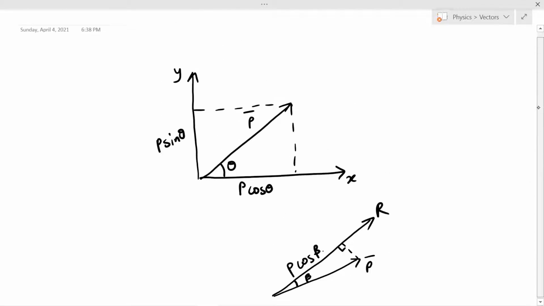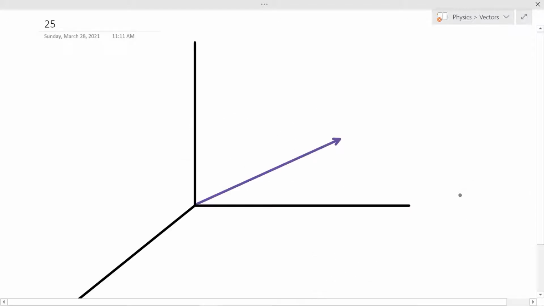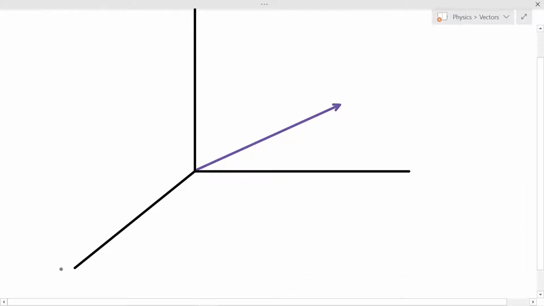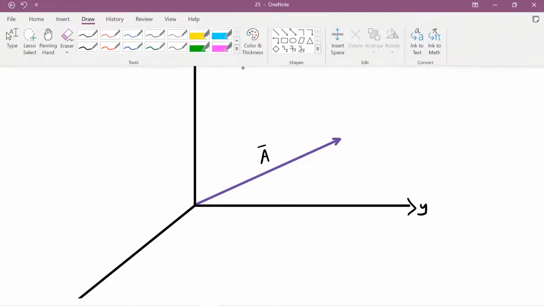So let's do this exercise in 3 dimensions. Suppose I have a vector in 3 dimensions. This is the x, suppose this is y, and this is the z direction. And let's say this is vector a bar. Now let's resolve this vector a bar along the x axis, y axis, and z axis.